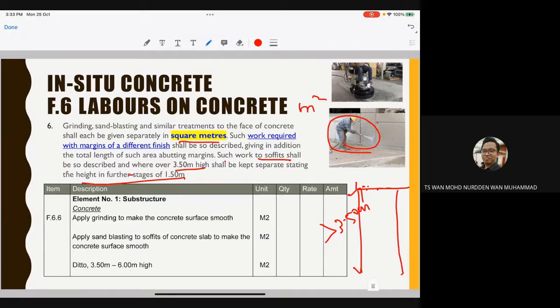So dia kena state more than, so it should be 3.5 to 5 meter lah, kan? Sebab 1.5 punya stages lah. Betul ke? 1.5, 5 betul lah. Betul lah. Okay.